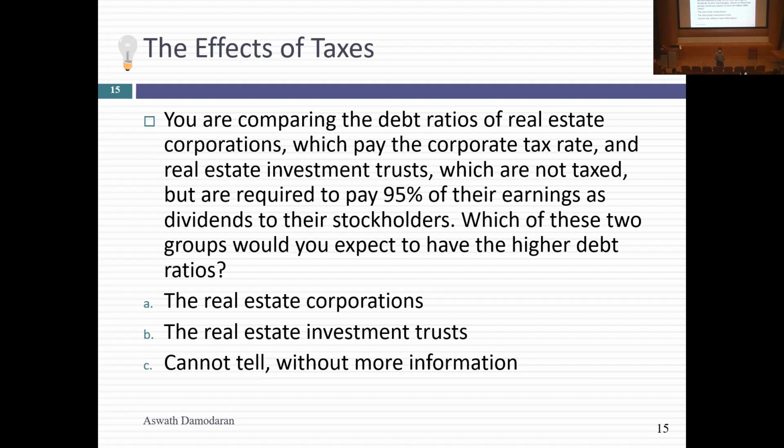If you have big NOLs, even if you start making money, you know what you can use those NOLs to do? Shelter your taxes. So if you take this proposition to its logical extreme, companies with big net operating losses should borrow less money, because what's the point? You're not going to get a tax benefit for the next 5 or 7 years. Why go borrow money and add to your NOL?